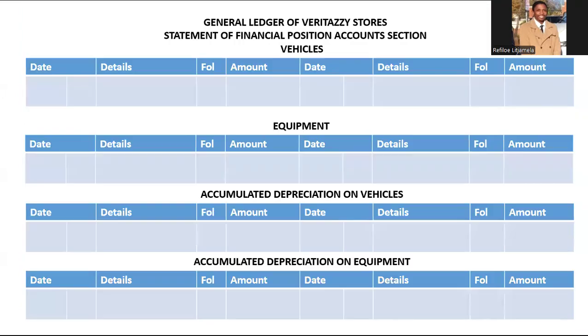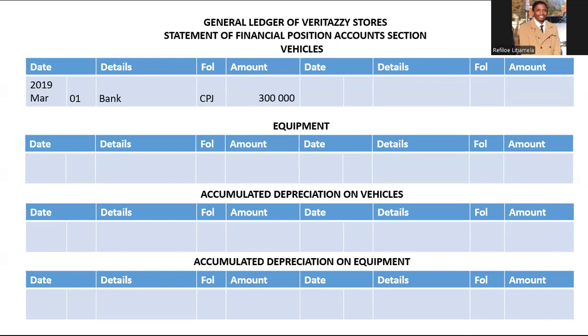In your general ledger for vehicles, because you've just purchased this, you'll just have the day you purchase the asset. Bank, it was purchased for cash. CPJ, the amount will be 300,000. Vehicles are assets. Assets increase on the debit side.